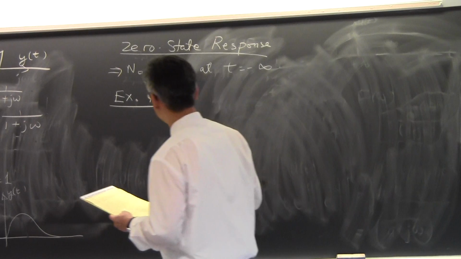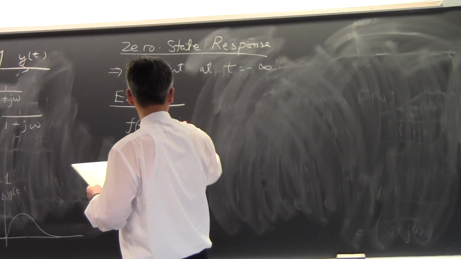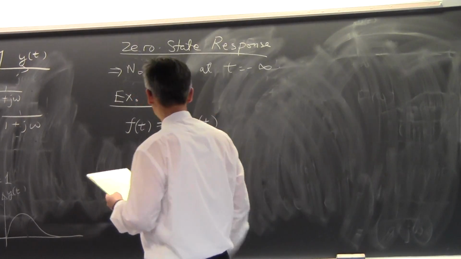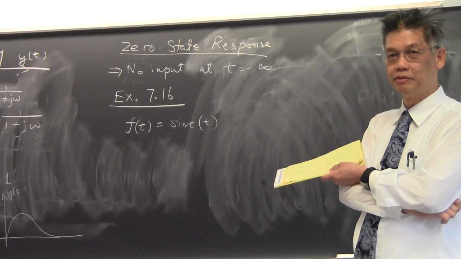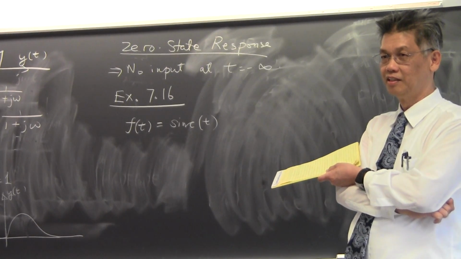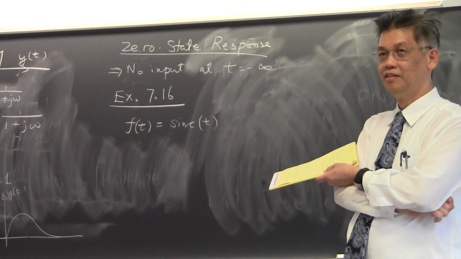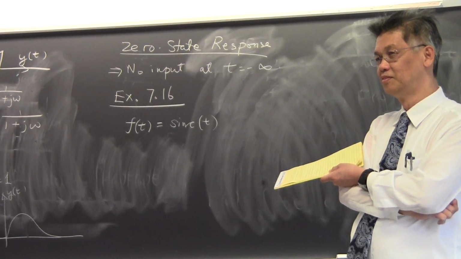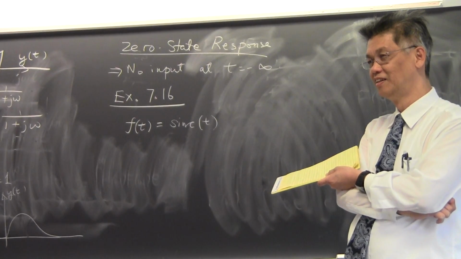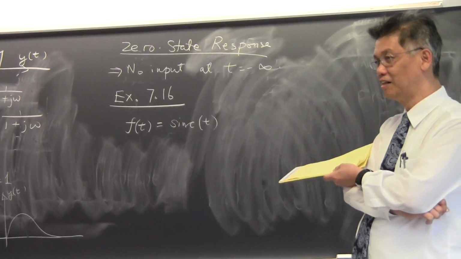Let me go and do example 7.16 then. In example 7.16, the input is given to be the sinc function. What is the Fourier transform of a sinc function? It's a rect function, right?